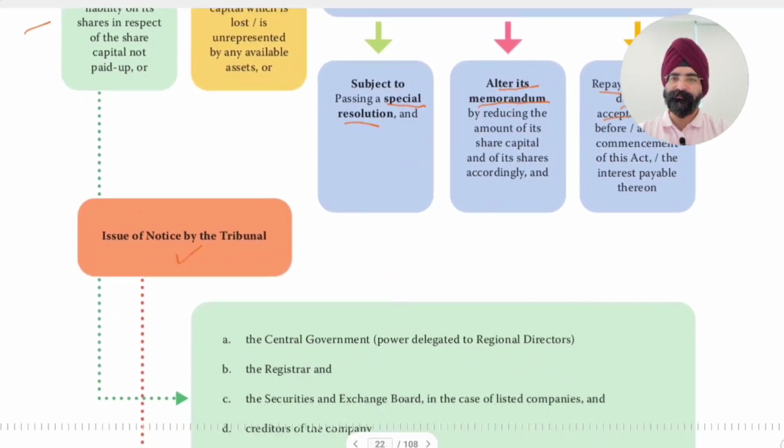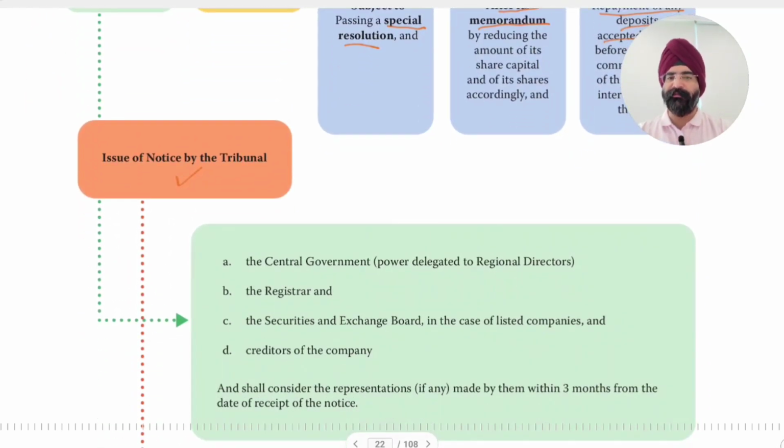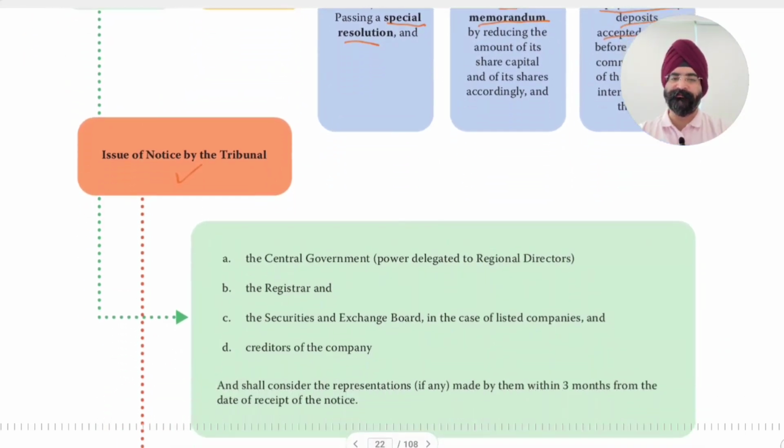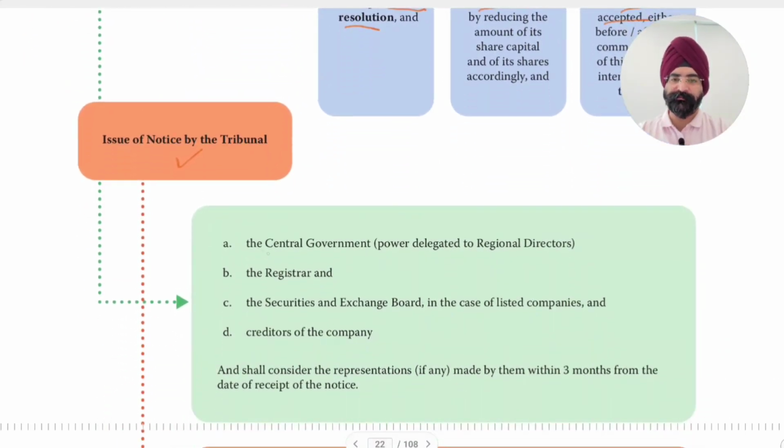Number two is if you are extinguishing partly paid shares, then you require approval of the central government, and the power is delegated to the regional director. It means for getting approval of the central government, you need to apply to the regional director.